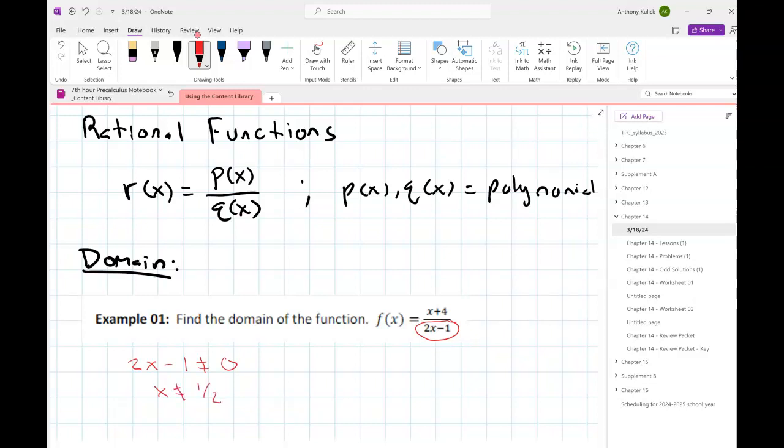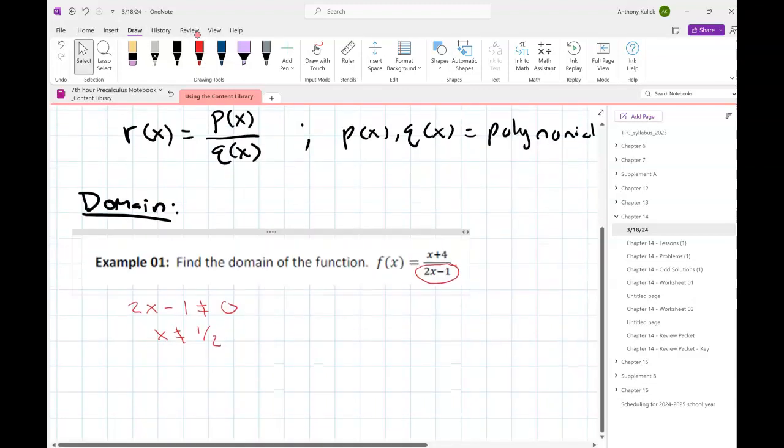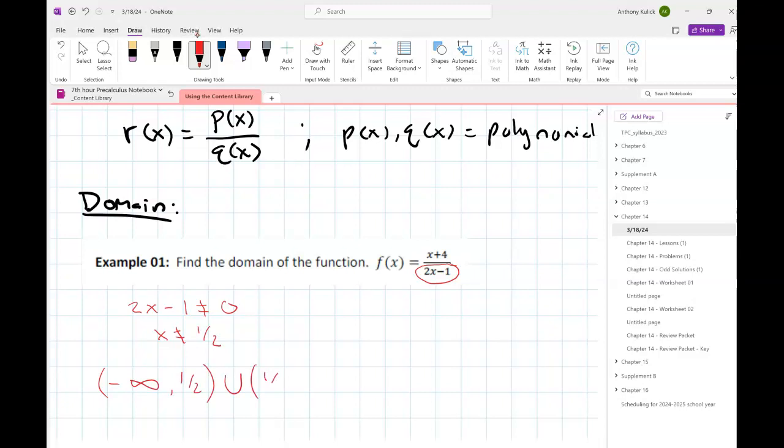When I solve, I get x cannot equal 1/2. So to write the interval for the domain, I go negative infinity up to 1/2, union 1/2 up to positive infinity. Notice I'm using parentheses rather than brackets because the parentheses indicate that value is not included in the set.